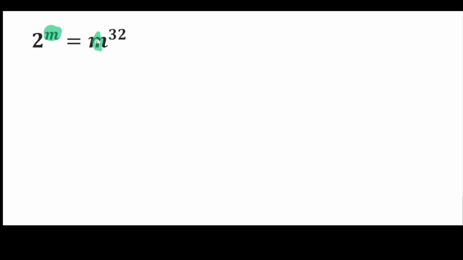And at the same time, we remove the exponent of m, which is 32, and give it to 2, which is the base here, because both of them are numbers, while m and the other exponent are all letters. So we need to bring m to m and 32 to 2. And that's what we are going to be quickly looking at here.